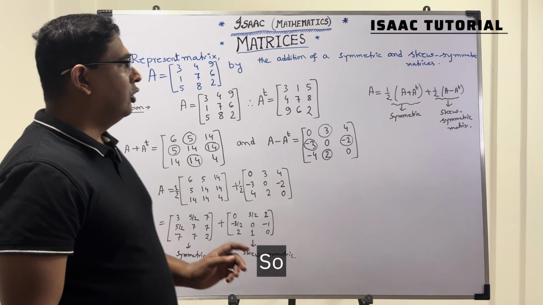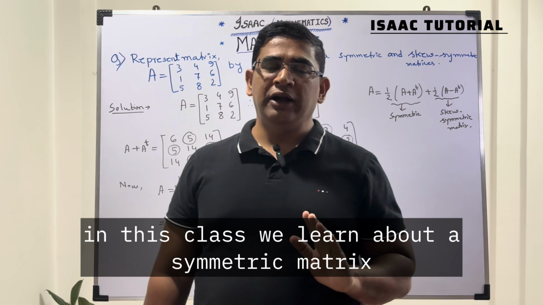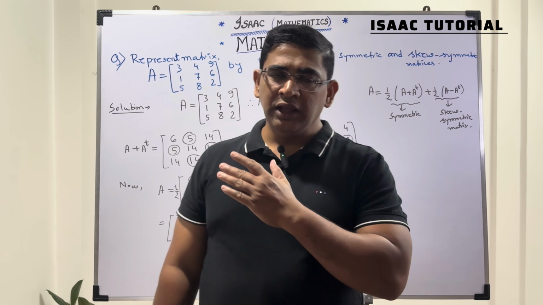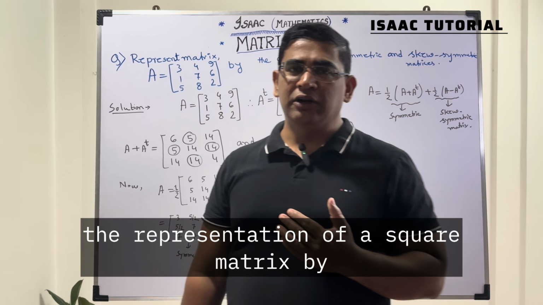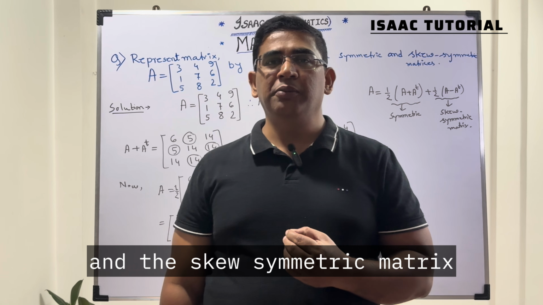So in this class we learned about a symmetric matrix, a skew symmetric matrix, and the representation of a square matrix as the addition of a symmetric and a skew symmetric matrix.